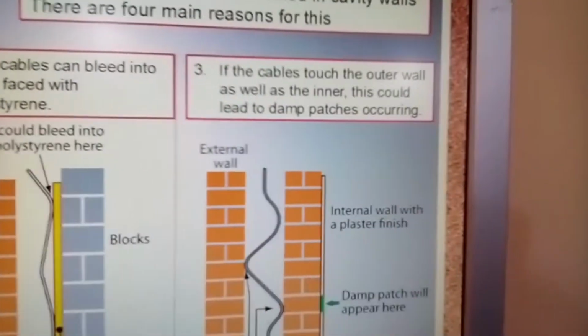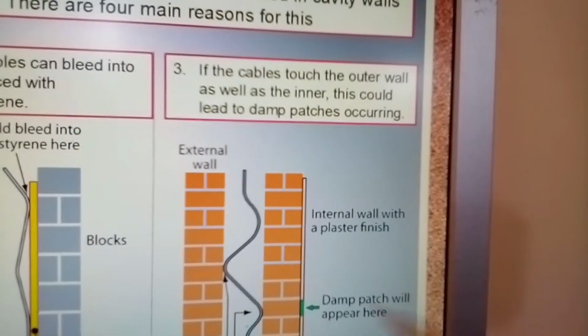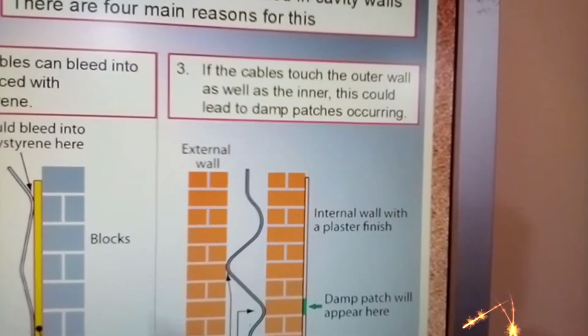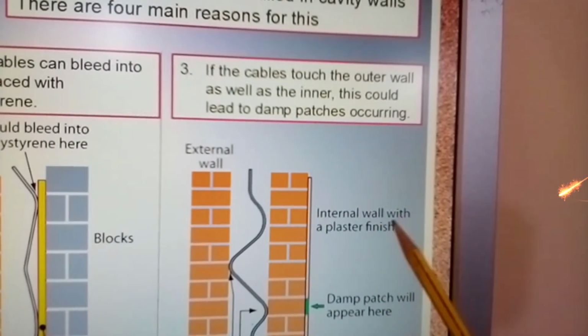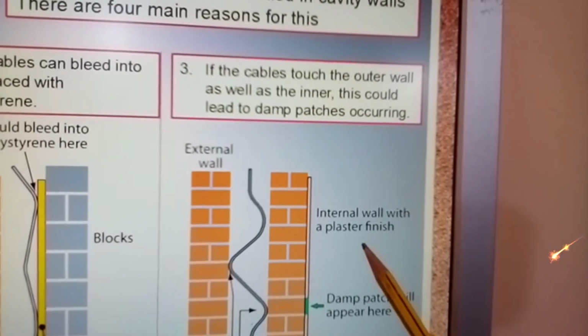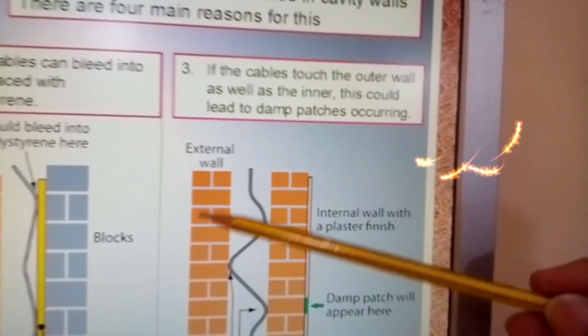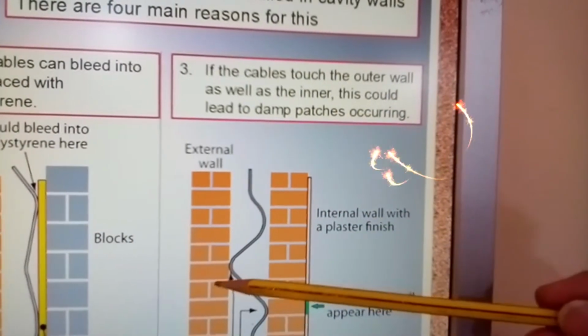And here's your third reason. Okay? If the cables touch the outer wall as well as the inner wall, this could lead to damp patches occurring. So what it does, the internal wall with a plaster finish, that's your plasterboard up against this wall. But you have your external wall which will absorb the dampness from outside, right?